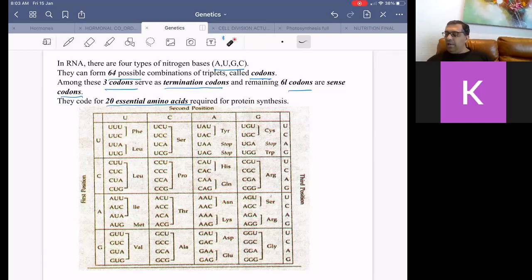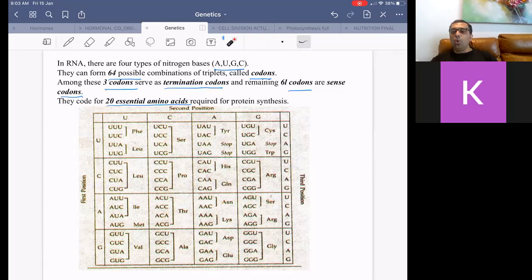And then isoleucine 3, proline 4, threonine 4, alanine 4, and glycine 4. And for leucine 6, serine 6, and arginine 6.